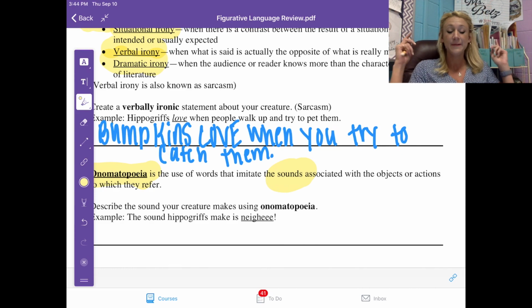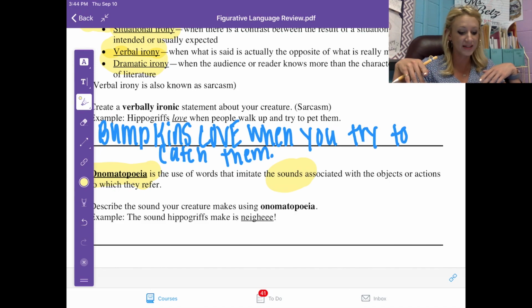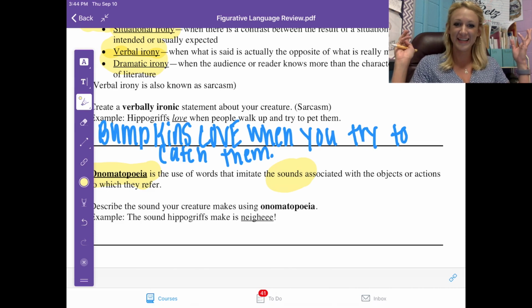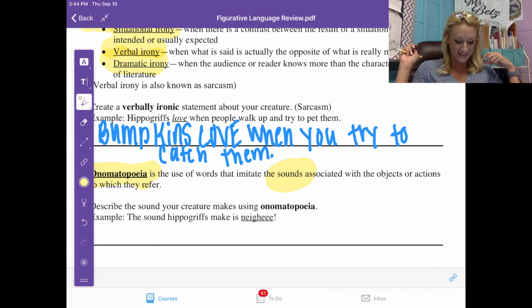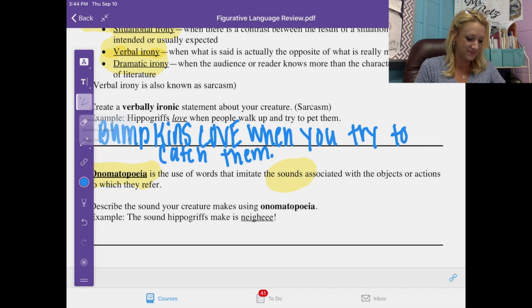This one's fun. You get to come up with the sound that your creature makes, and then you're going to put it in here as an onomatopoeia. For example, the sound hippogriffs make is neigh. Make them fun, make them interesting, and then we'll write that in here. So go ahead and do that now.